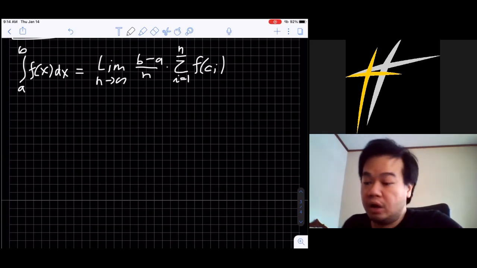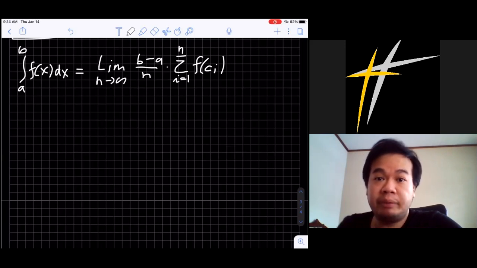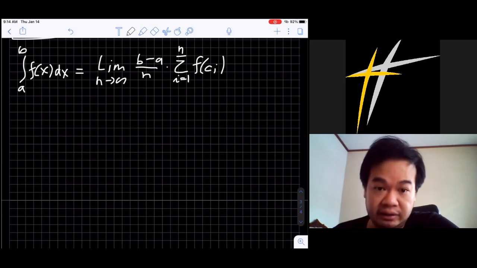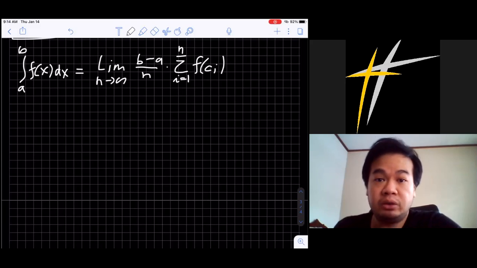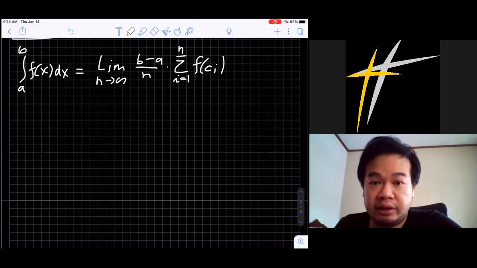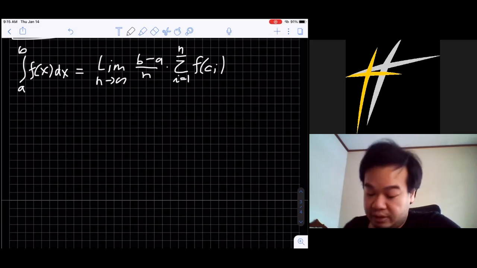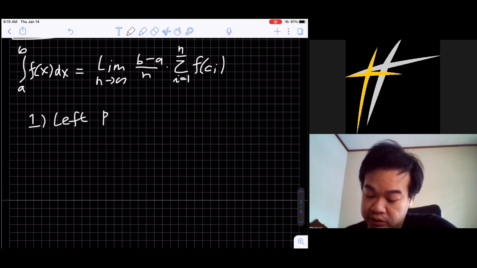So today, like I said, I want to teach you how to approximate the value of definite integral. Again, the estimate, not yet finding the exact value, but to estimate the value of definite integral using Riemann sum method. Before I start, there are 5 types of Riemann sum method based on the method to take the sample points. The first one is left Riemann sum.